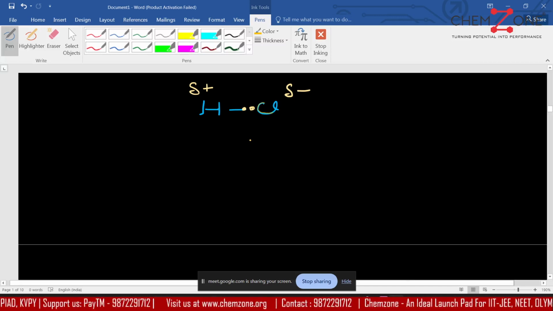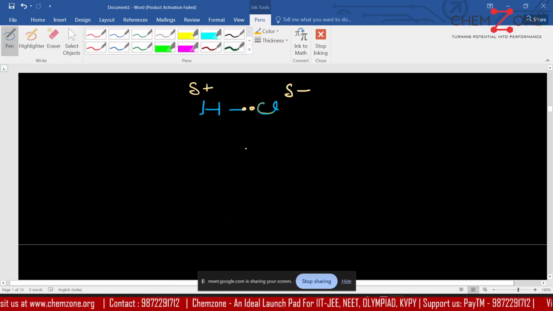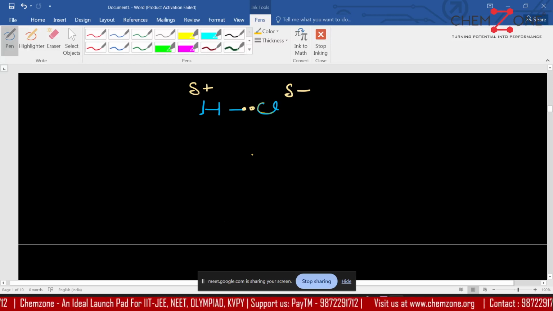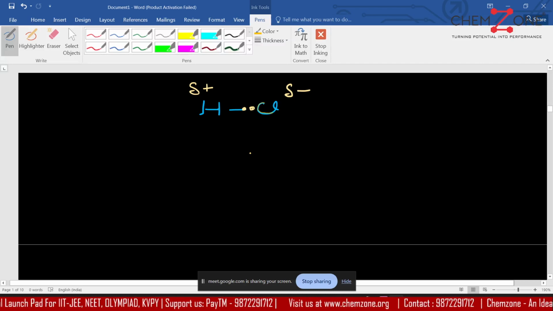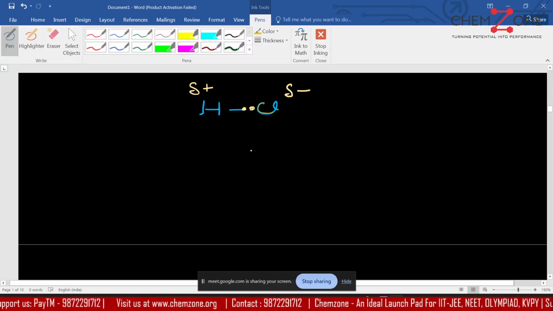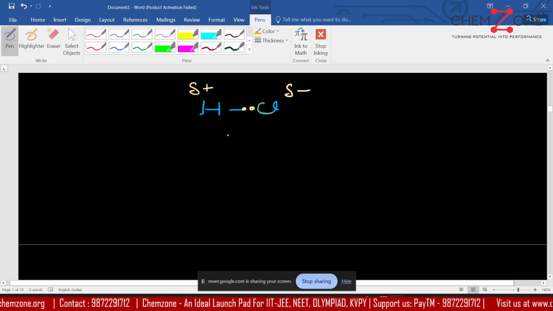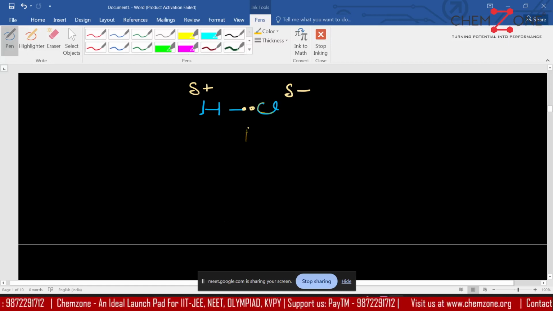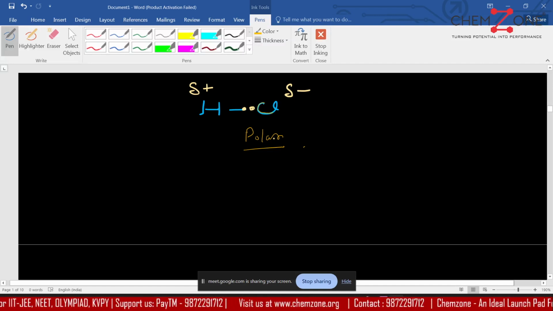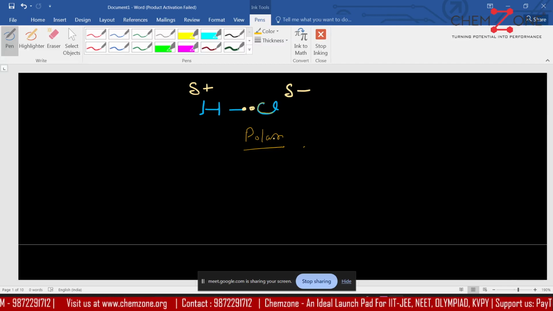So I can say two poles are created here. One is the positive pole, the other is the negative pole, right? So we say the molecule is polar. So a polar molecule means the molecule in which there is a difference of electronegativity.